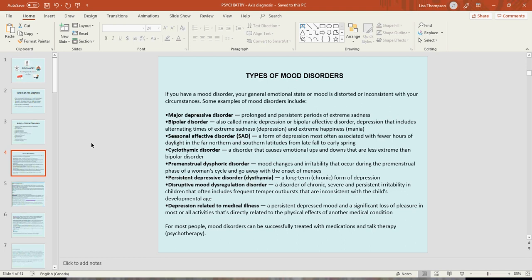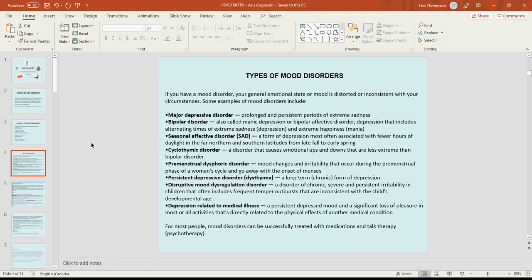Depression that includes alternating times of extreme sadness, which is depression, and extreme happiness, which is mania. Seasonal affective disorder, also known as SAD, a form of depression most often associated with few hours of daylight in the far northern and southern latitudes, from late fall to early spring.